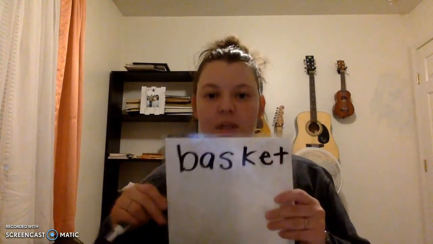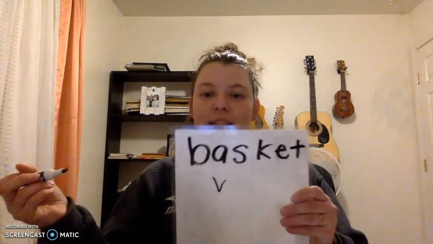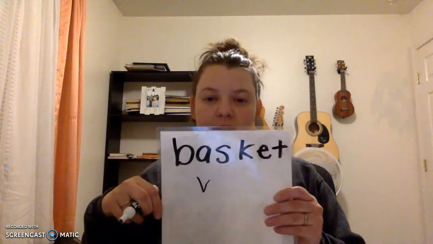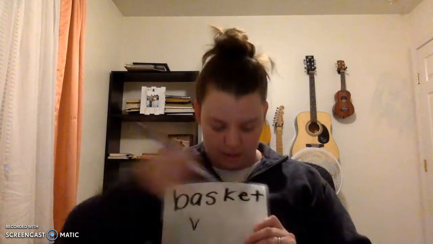So, who can identify the first vowel in basket, right? So we have it right here. Good job. Yes, our first vowel is the A. Where's our second vowel? In the E. Good job.